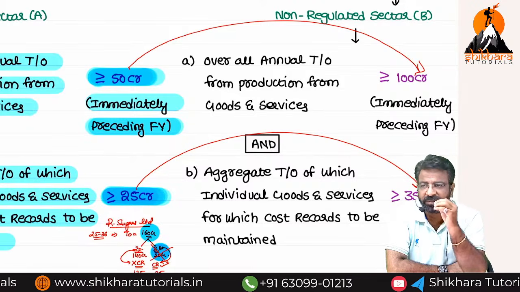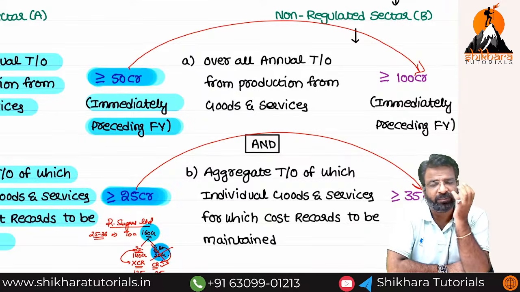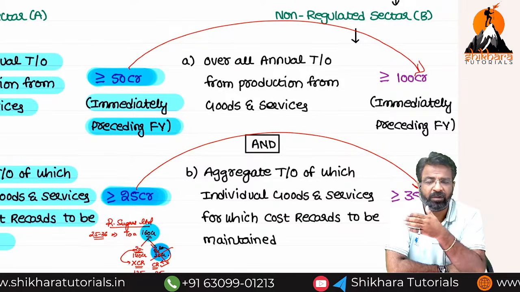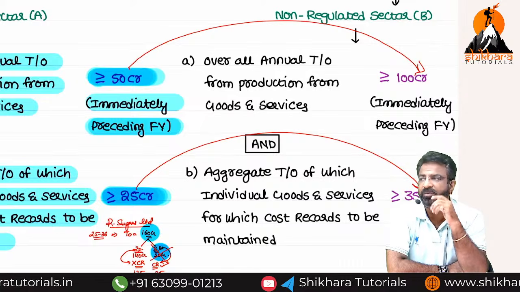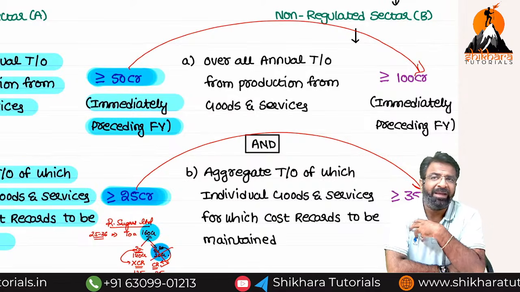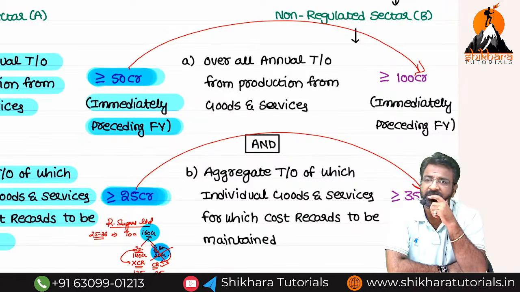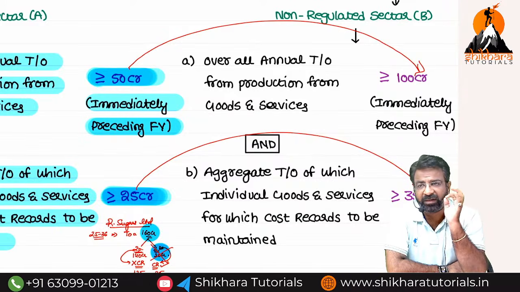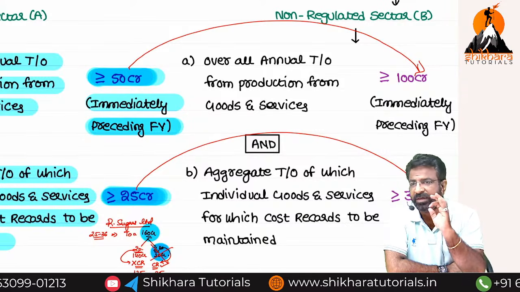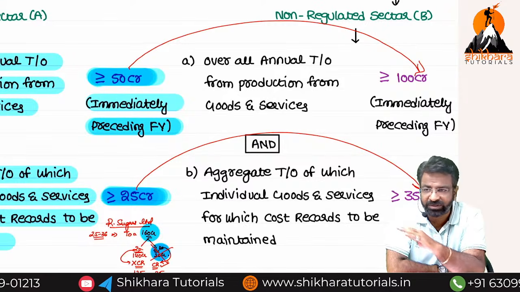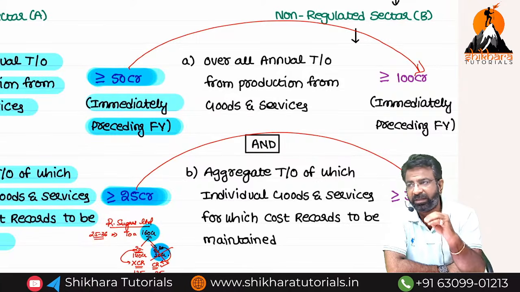Now let's say for example it is Vizag Steel Plant Limited. What is the name of the company? First of all, tell me from the name itself, is it regulated or non-regulated? Acha, non-regulated sector. Now tell me what my annual turnover should be. So I, as Vizag Steel Limited, have an annual turnover of 600 crores, out of which 570 crores is coming from those goods and services for which I need not maintain cost records, and 30 crores is coming from those goods and services for which I need to maintain cost records.